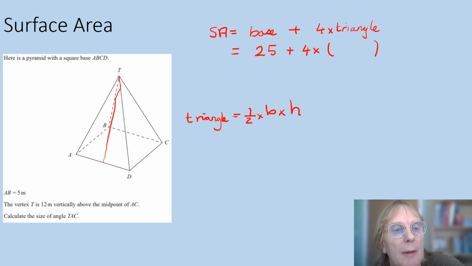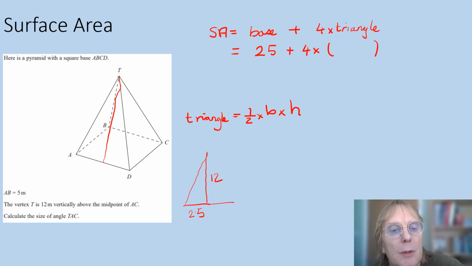The only way to do that is again through a little bit of Pythagoras. If I draw the triangle, the height is 12. The bit going across, because we're only going to need to come across halfway, is actually 2.5. It's all the way along, it would be 5.